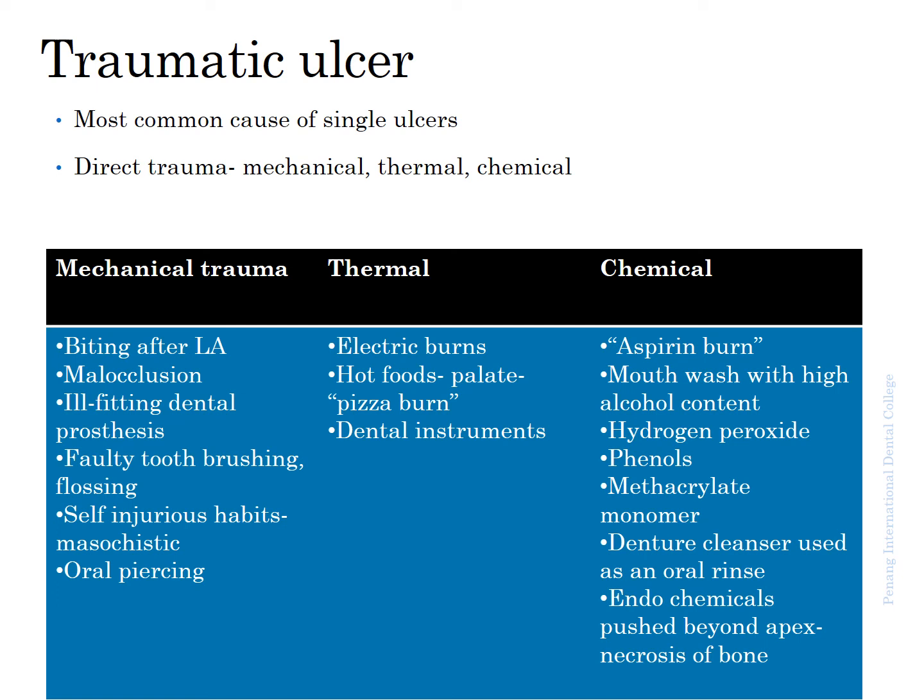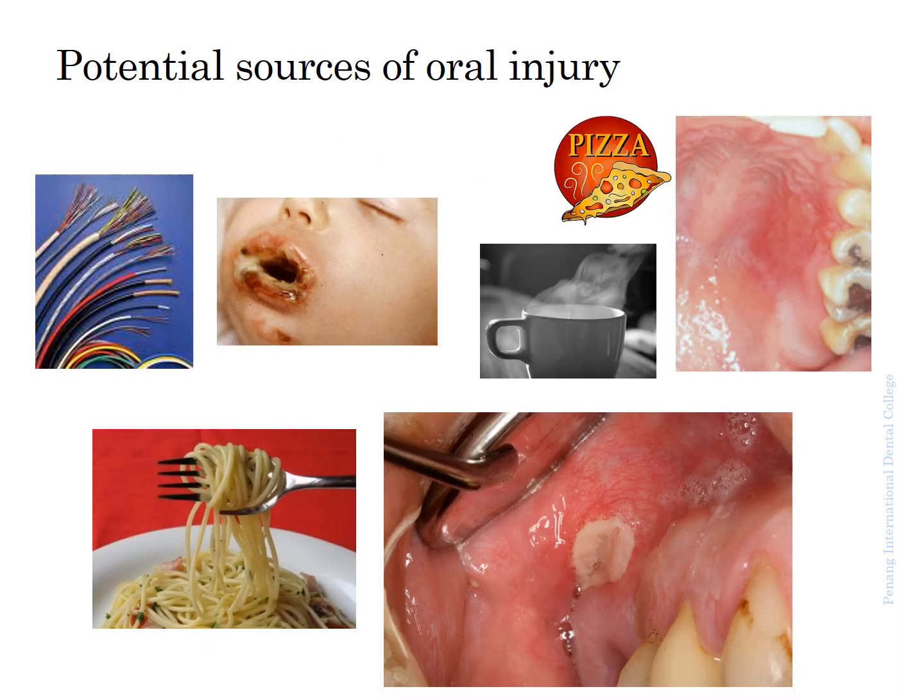Hydrogen peroxide used as mouthwash, phenols, methacrylate monomer, denture cleansing agents used as an oral rinse, and even endodontic chemicals which are pushed beyond the apex may cause necrosis of the bone. So these are some pictures to show you potential sources of injury, right from loose electric wires, which are known to cause damage as well as burns even in infants, which is important to look at.